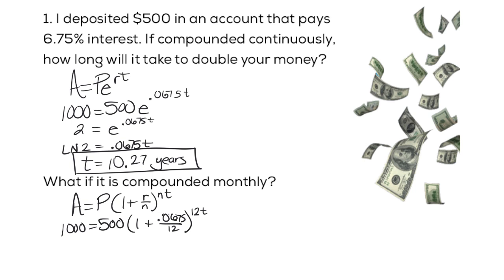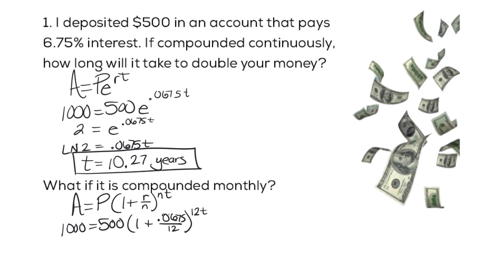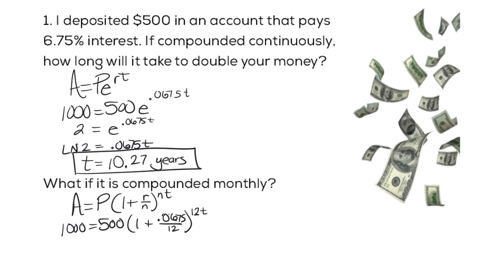Again, my first step is going to be to divide by the 500, so I have a 2 equals, I've already calculated this, 1.006, we'll say, to the 12t. Now you have to switch this to a logarithm, so this is going to be a log base 1.006, but I will not use that rounded number. I'm going to use full values in my calculator of 2 equals 12t.